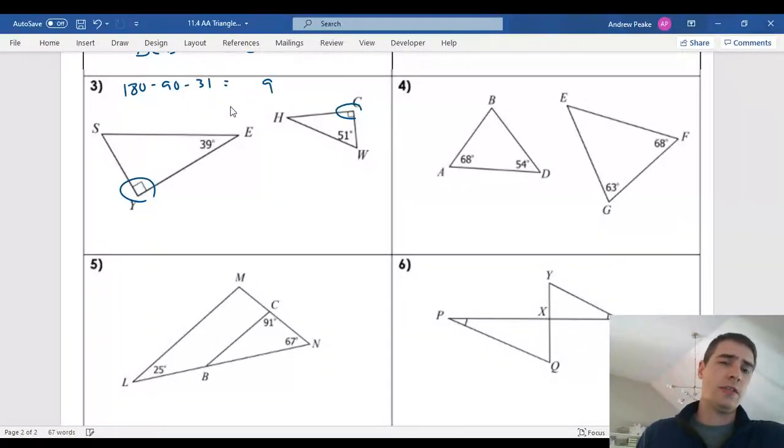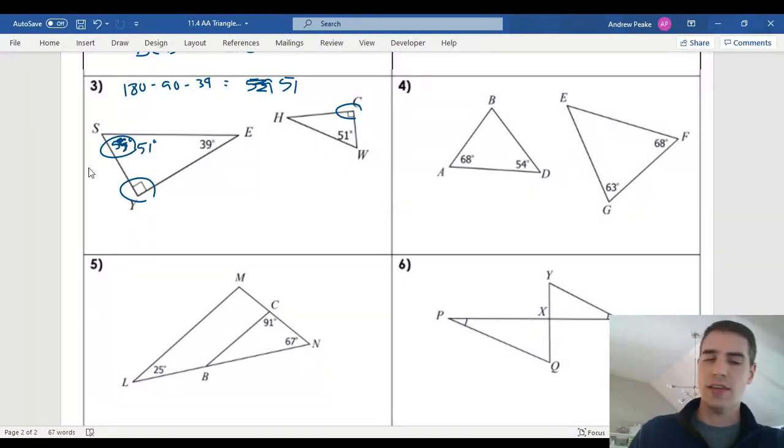That would give me 59. Well, I wanted 51, didn't I? Wait, did I just have that wrong? I did. Oh, I wrote down 31 instead of 30. So this would be 39. And so then that would be 51. Whew, yikes. So I'd say 51 degrees.